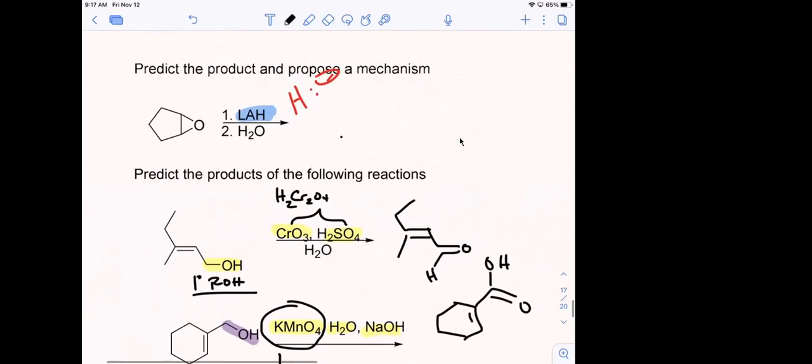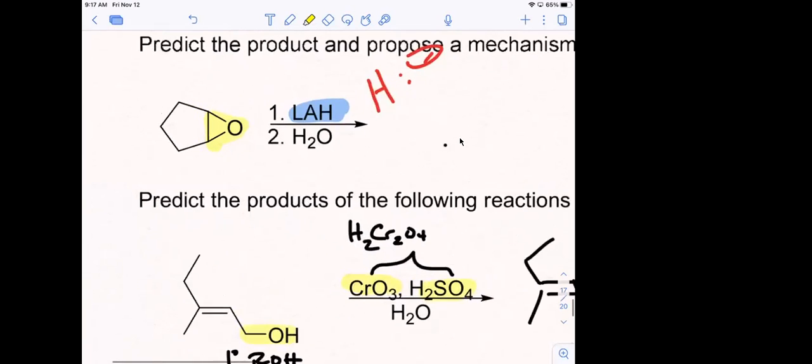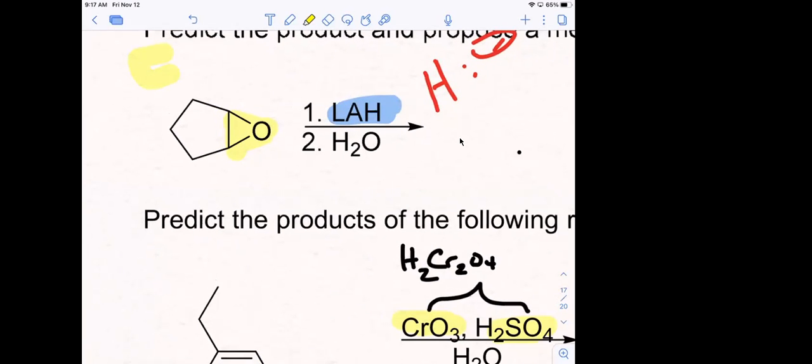All right, let's go to that last problem. It says predict the products and propose a mechanism. What functional group am I starting out with? Right here. Is this where the epoxide opening happens? Good. Yes, this is an epoxide opening reaction. That's exactly right.